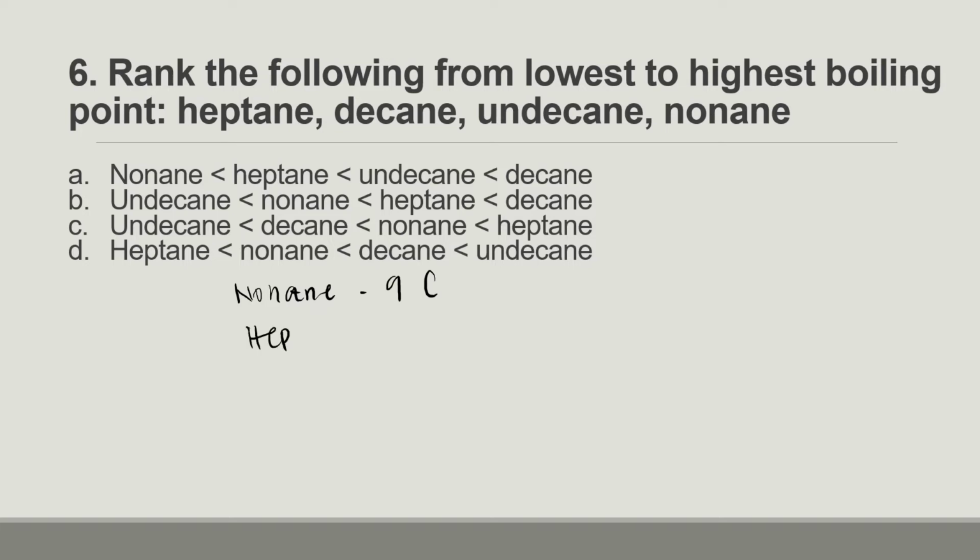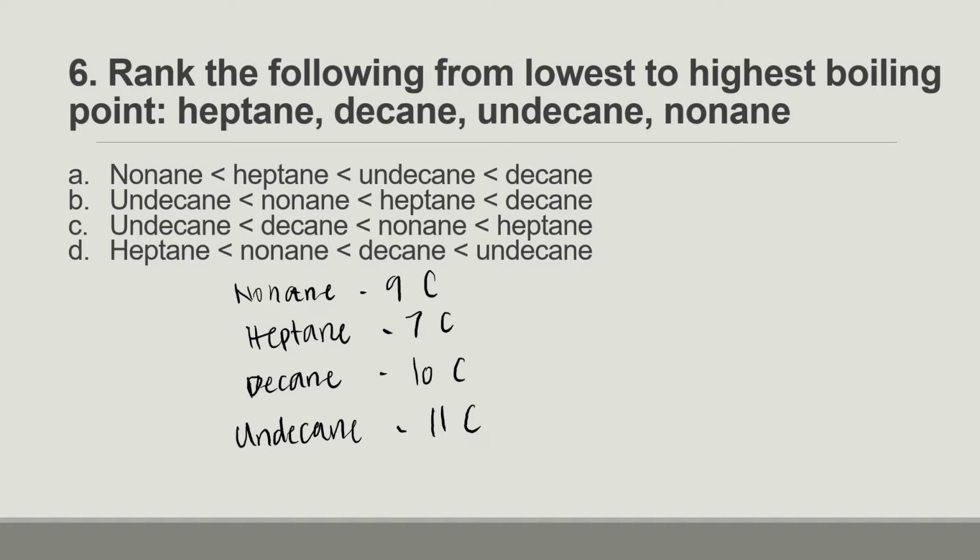Heptane naman is from the prefix hepta, that's 7 carbon chain. Decane, so from decagon, I remember from geometry, so that's 10. And undecane, this is something that might be somehow new sa inyo, pero this is 11 carbon chain.